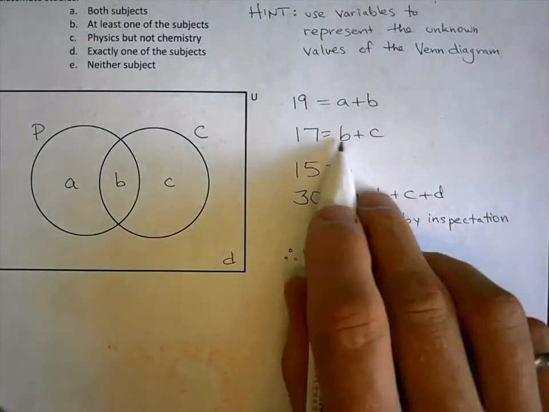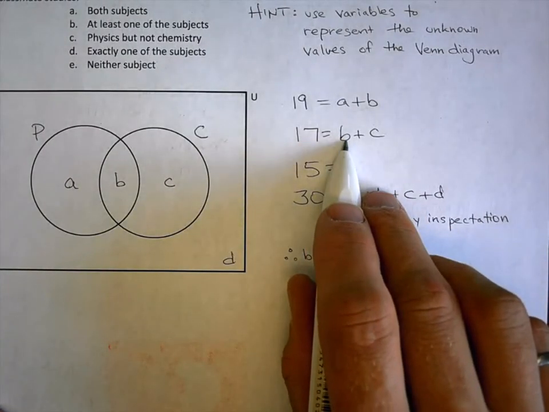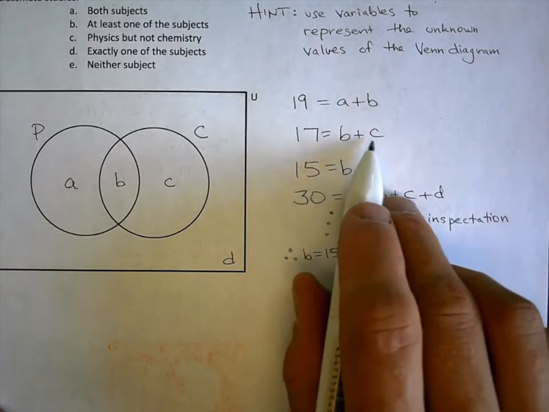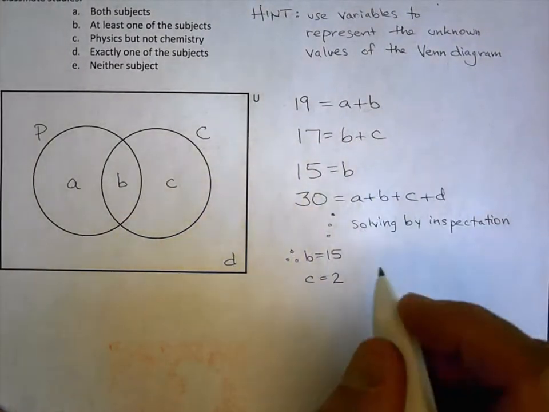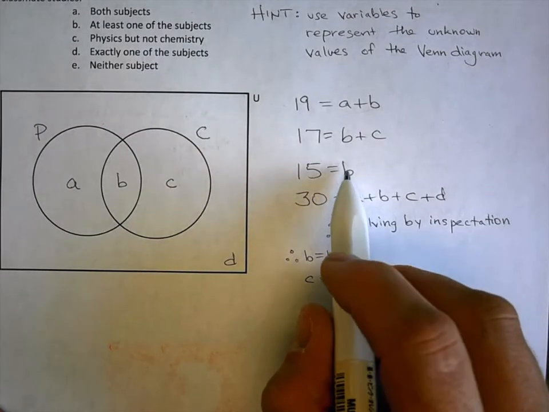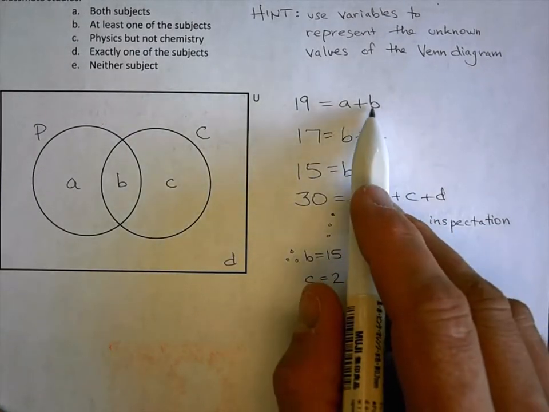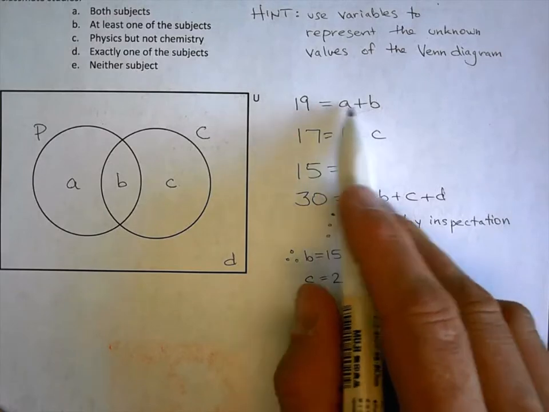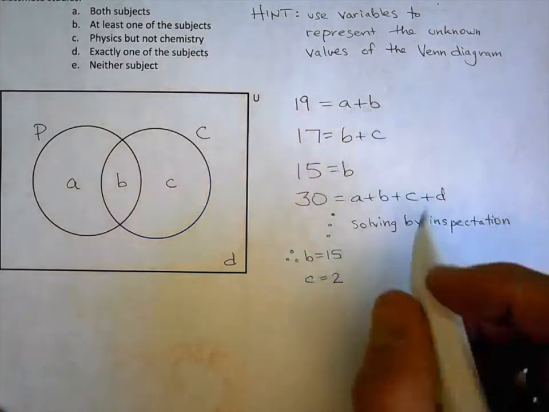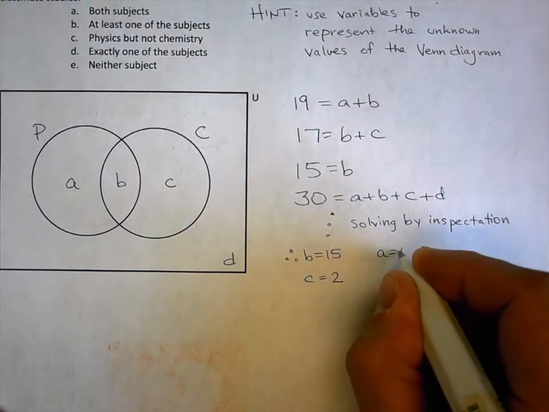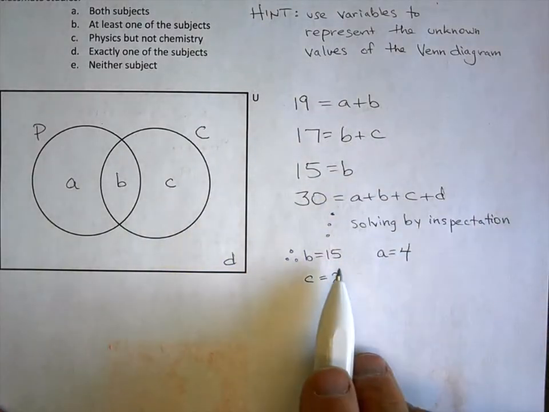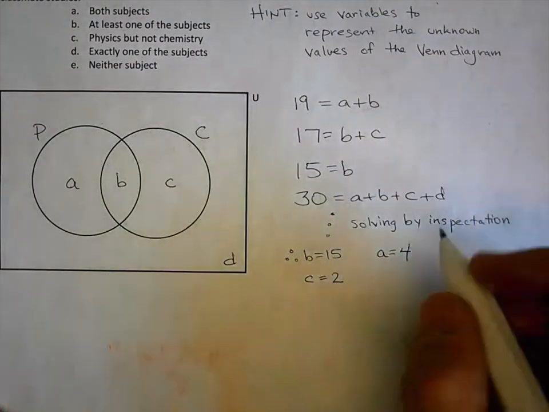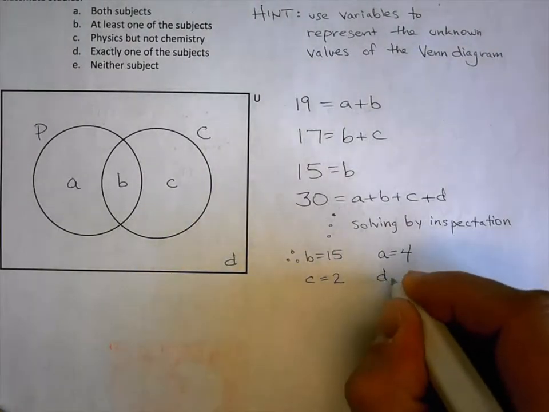If I sub B into the second equation, if it's 15, that means C has to be 2. If I sub B, which is 15, into the first equation, then 19 equals A plus 15, so A has to equal 4. And then if I sub all of them into the fourth equation, I have 15 plus 4 plus 2, 21, so D is equal to 9.